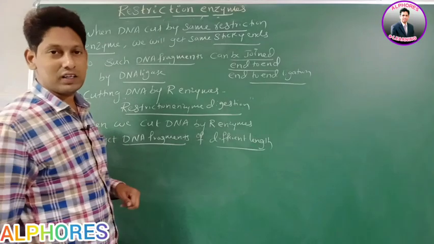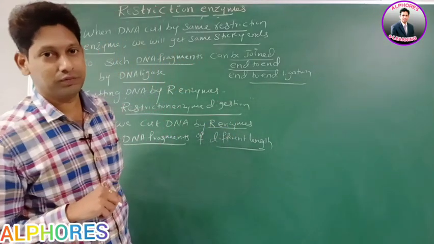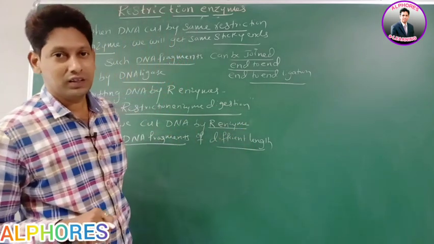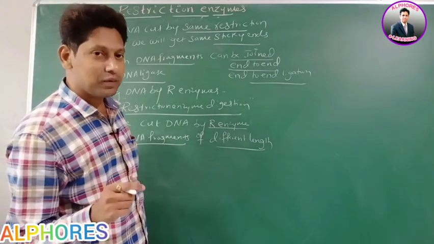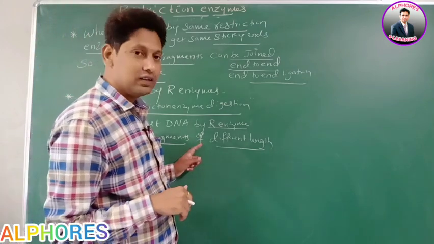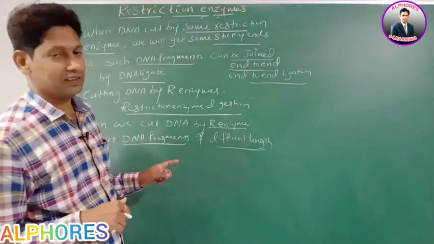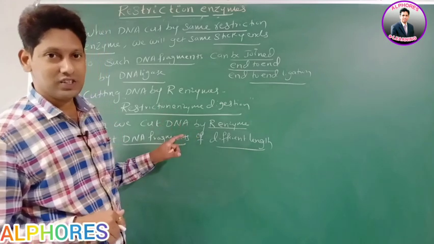Take one DNA molecule and cut it using a restriction enzyme. You will get many fragments. Is the length of all those fragments the same? No. You are getting fragments of different lengths.